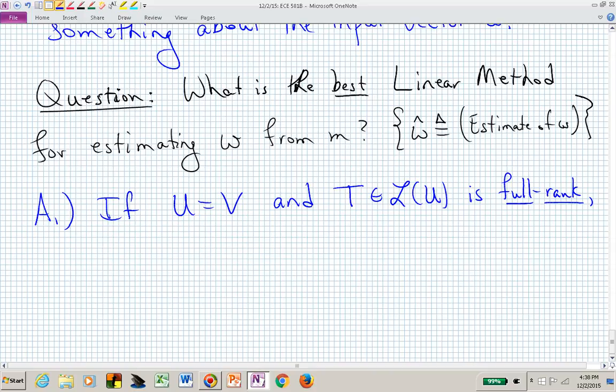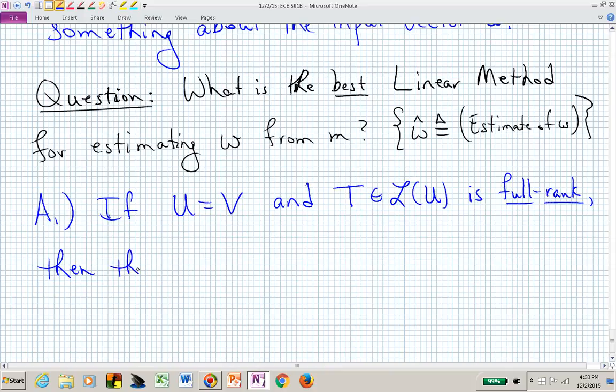All of the rows and columns associated with this, let's say the matrix representation of T, would all be linearly independent. So we have a full rank T. The matrix representation of T is square, and now we're saying that all of the rows in that matrix or all of the columns in that matrix are linearly independent.